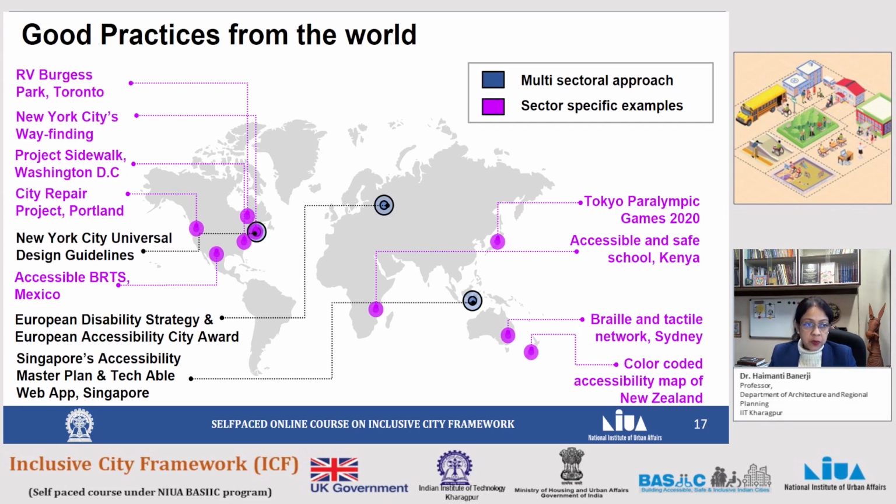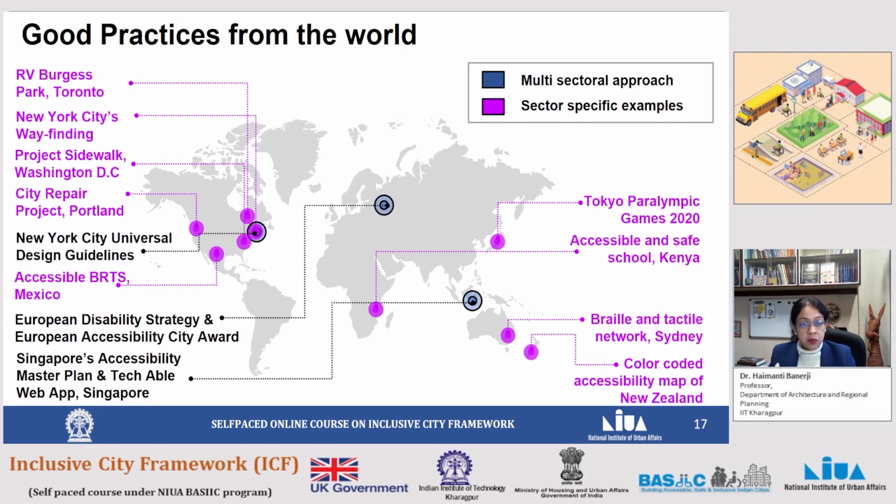Just to mention a few, like the wayfinding project in New York, color-coded accessibility map, the Braille network, accessible schools and recreation. Also, good examples of participatory planning in city development projects are given. For the multi-sectoral examples, what has been done in USA, Europe and Singapore have been included.